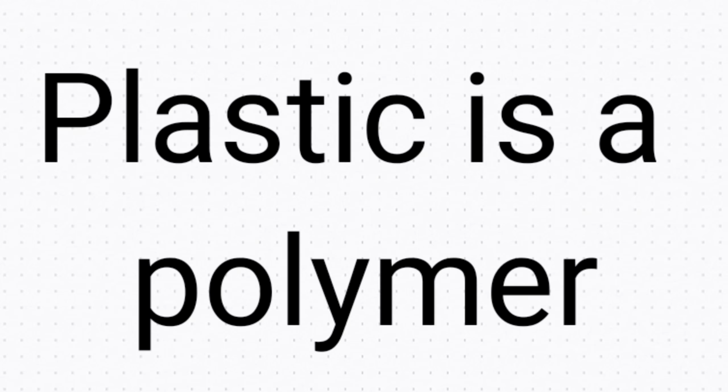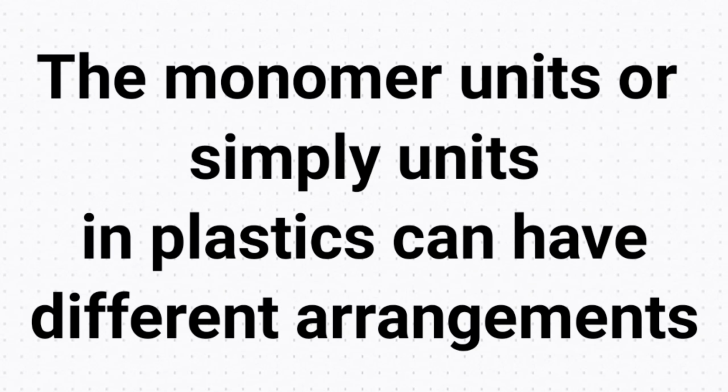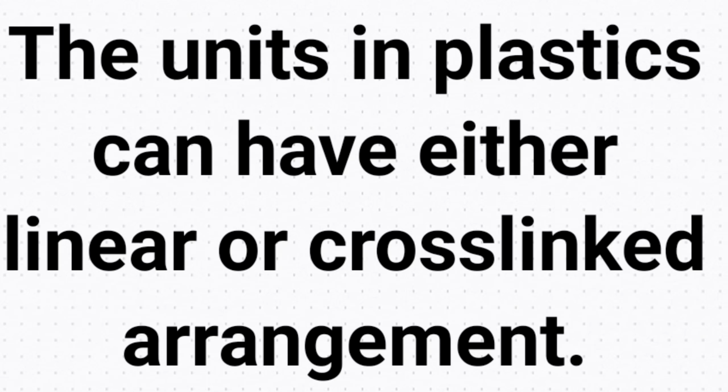Plastic is a polymer. We are familiar with the term polymer. The monomer units or simply units in plastic can have different arrangements. The units in plastic can have either linear arrangement or cross-linked arrangement.